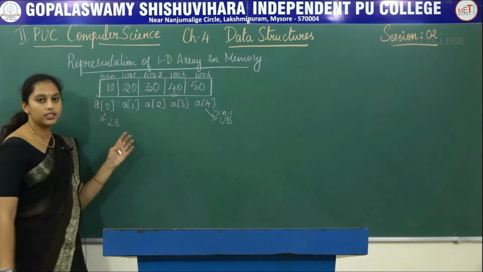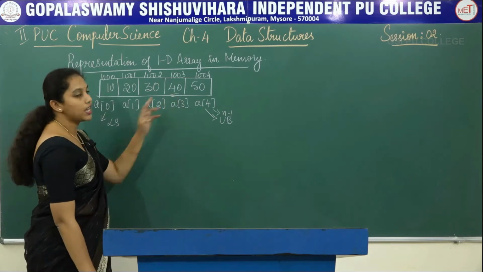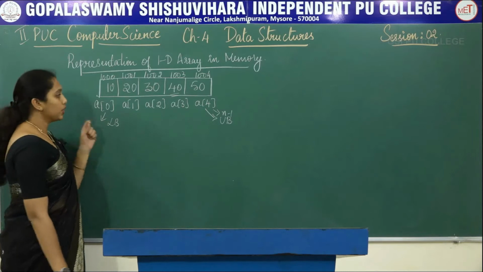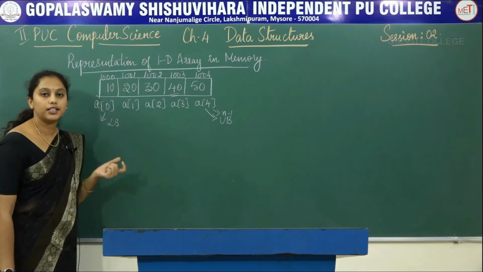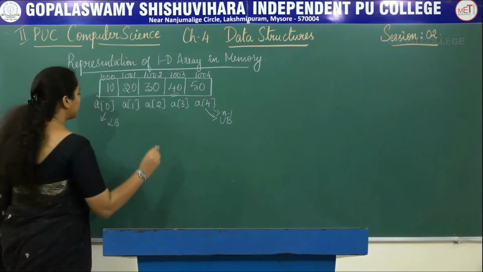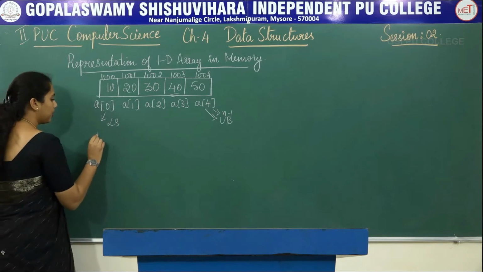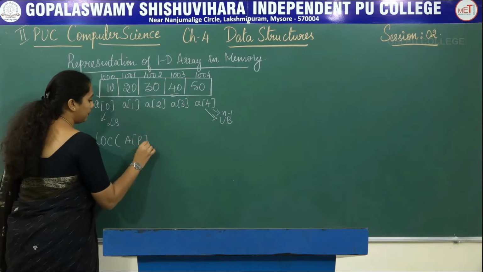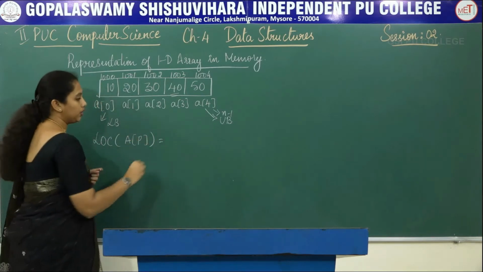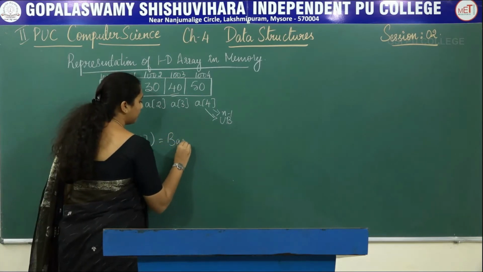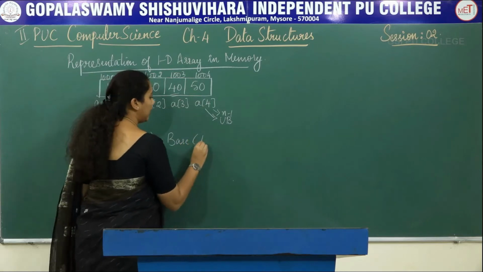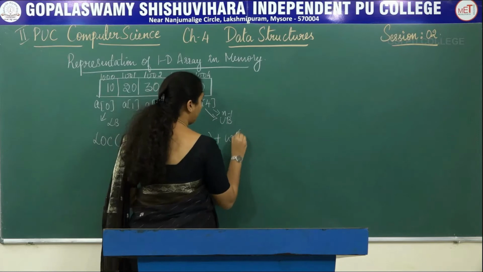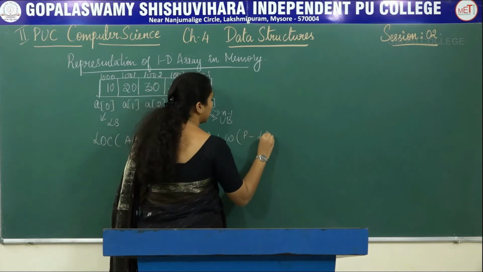I want to find the address of this element. How to find the address of an element? Using a formula we can find it. The formula is: location of A of P is equal to base of A plus W of P minus LB.